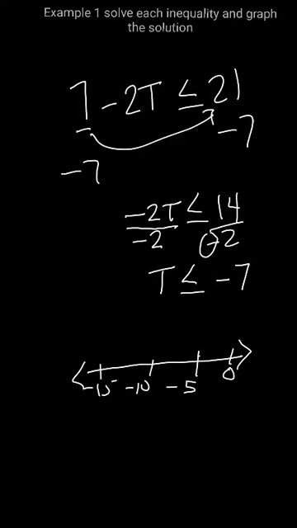Because it's less than or equal to, I am going to fill in my circle right about negative 7, and it's less than, so that means it's going to the left. So t is less than or equal to negative 7.